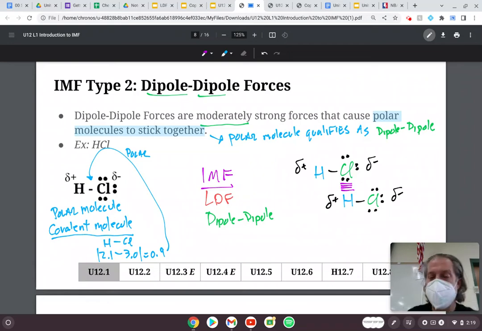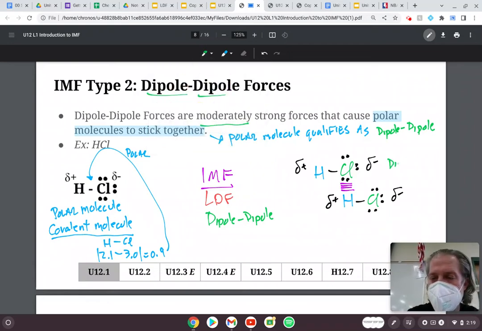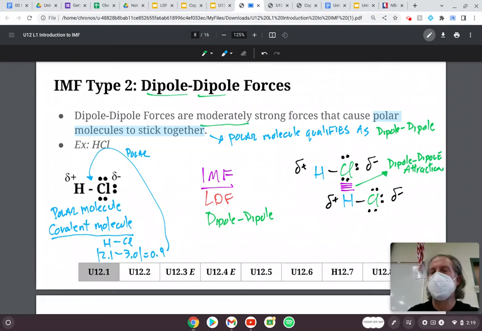And so in this instance, that would be our dipole attraction. Questions?